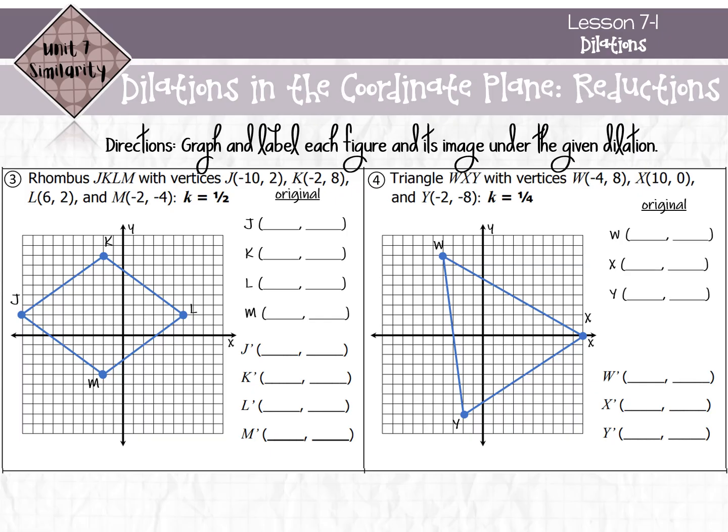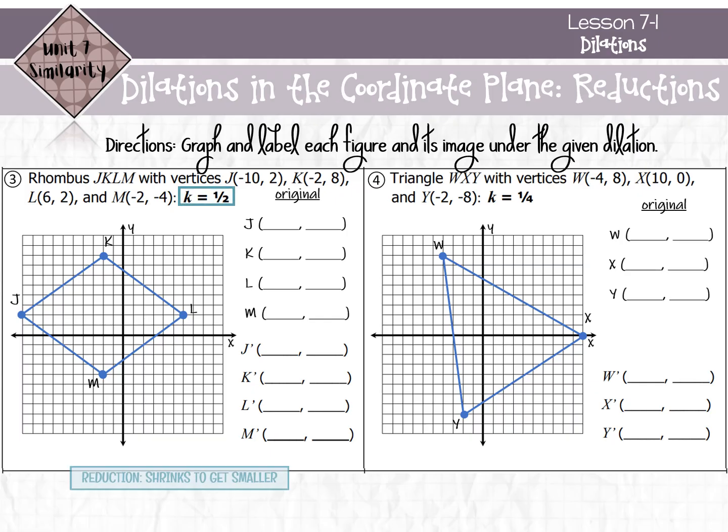Here's another one. This time it's a rhombus. We're going to have all these quadrilaterals in Unit 6. Rhombus JKLM has those vertices. Let's see. Didn't read the directions. These are going to be reductions, and first clue would be the scale factor k is 1/2.